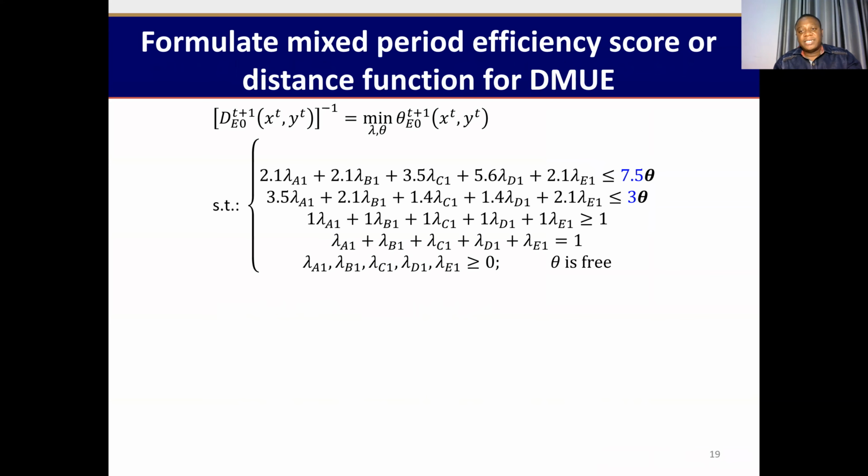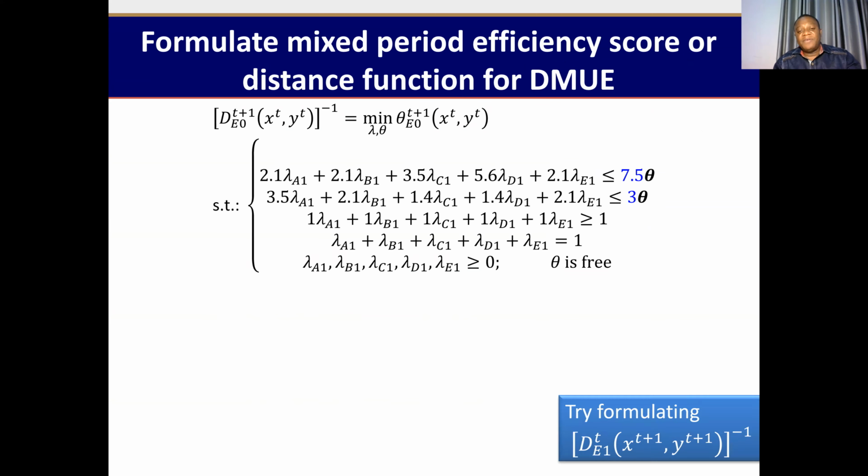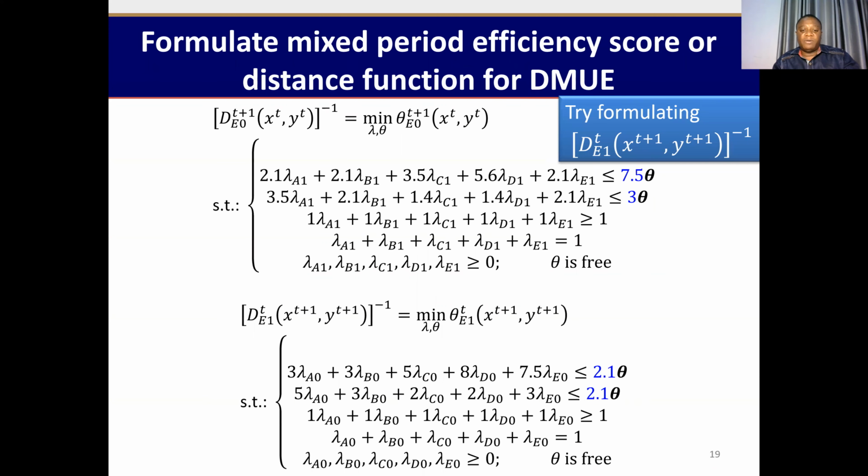So what you said, I gave you the one down here. That's exactly what you said. The one up was the own period for the current year, and then the one down here is a cross period for the current year, and the one down here is a mixed period for the next year. So that's the one you just did.